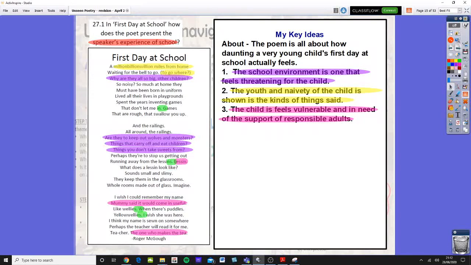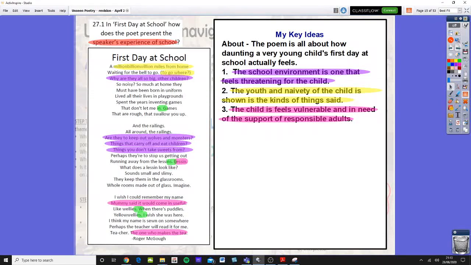There's a kind of vulnerability as well that I highlighted in the final stanza there. Mummy said it would come in useful. That there's very much a need for adults to help. We've got this idea of calling for the teacher as well. Perhaps the teacher will read it for me. And then we've got the word teacher there in the very last line, almost as though the child is calling the teacher's name, teacher.